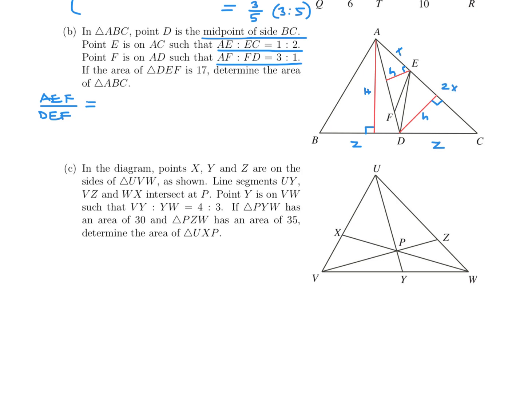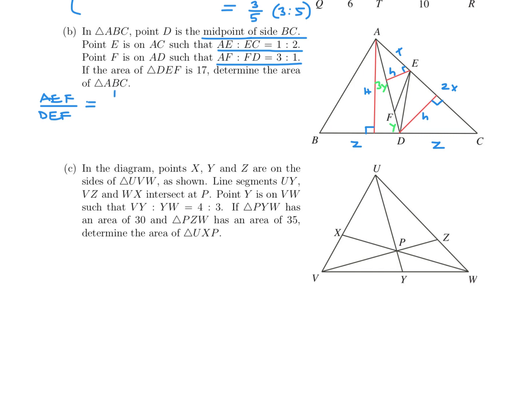And then AF to FD is 3 to 1, so AF I will call 3Y, and FD, Y. Okay, so now we can use the formula.